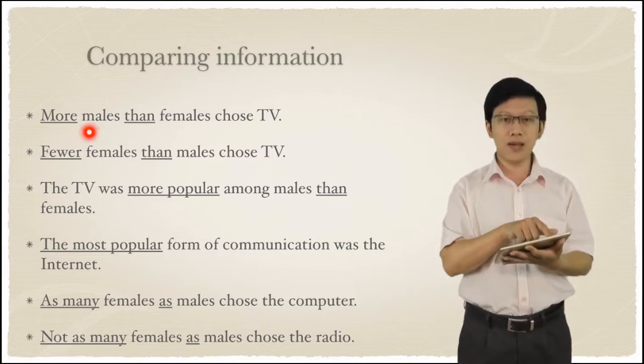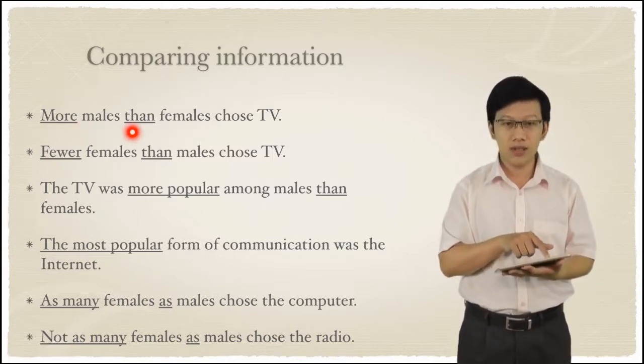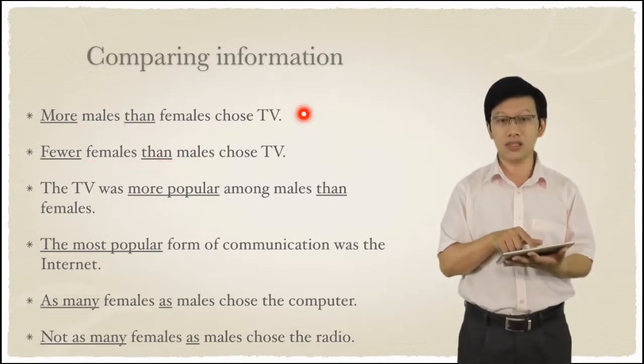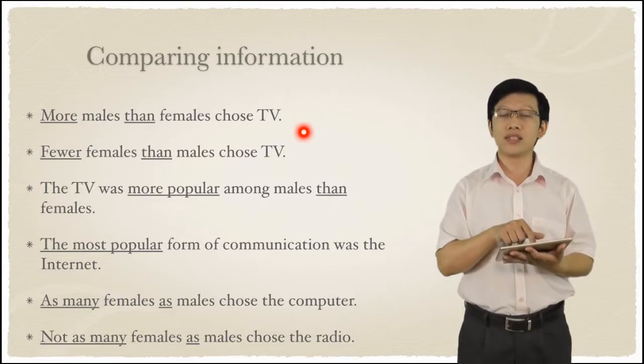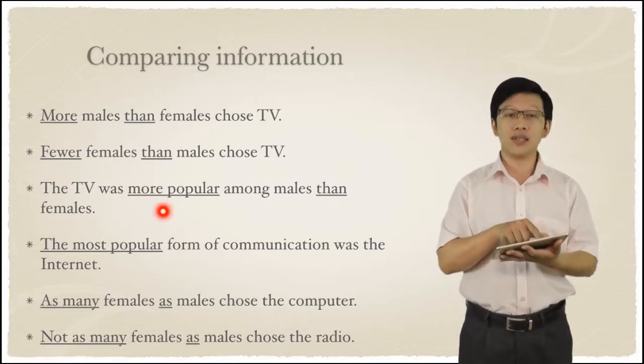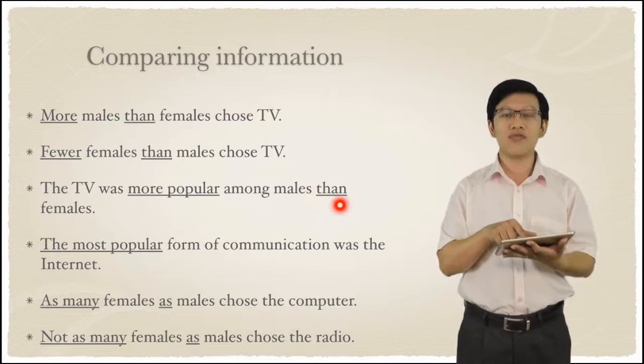For comparative, you can say more males than females chose TV, or fewer females than males chose TV. These two sentences are the same thing. We simply change the word more with the word fewer. Or you can say the TV was more popular among males than females.